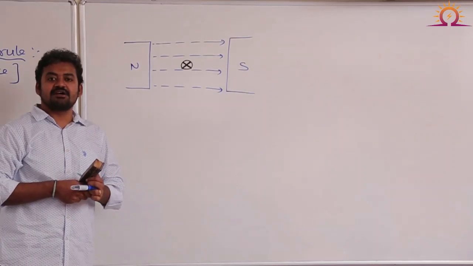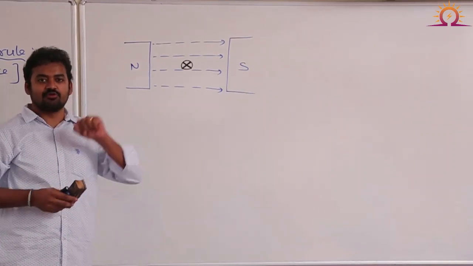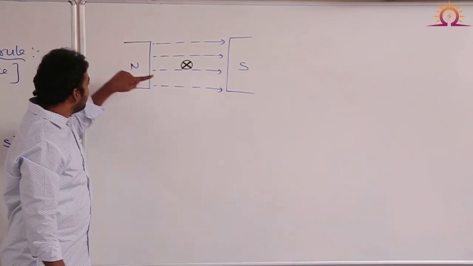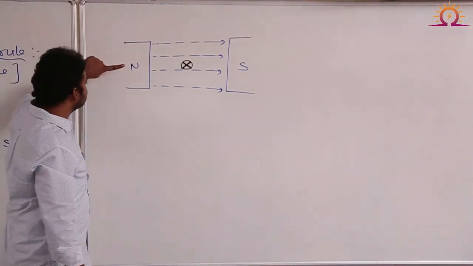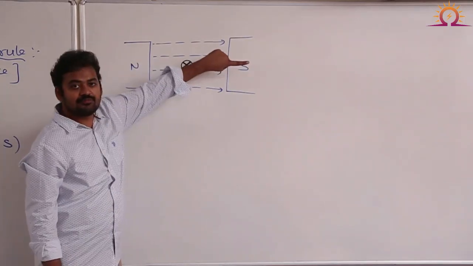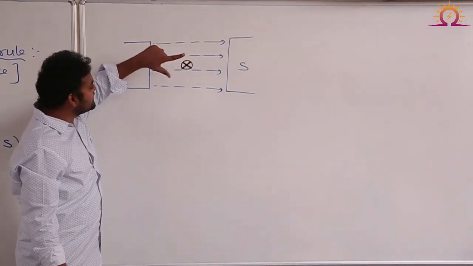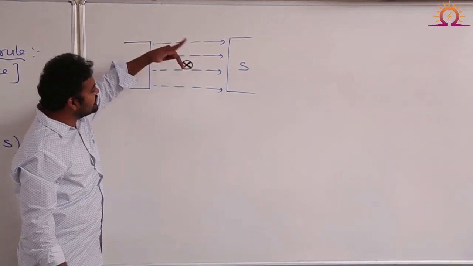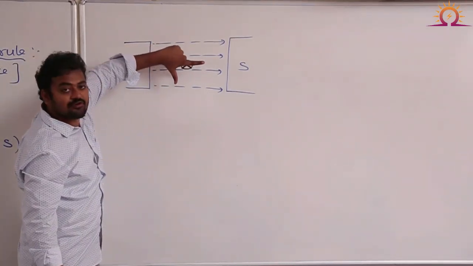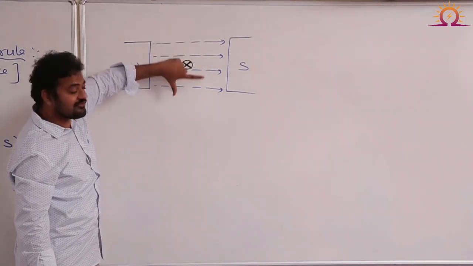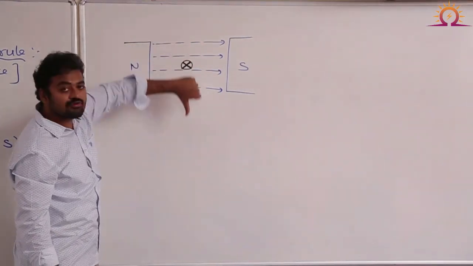For that purpose, I am going to use the left hand rule. The magnetic field, shown by the point finger, is going from north pole to south pole. Current is shown by the central finger, that is going into the plane. Therefore, my thumb is showing the direction of force, that is in downward direction.